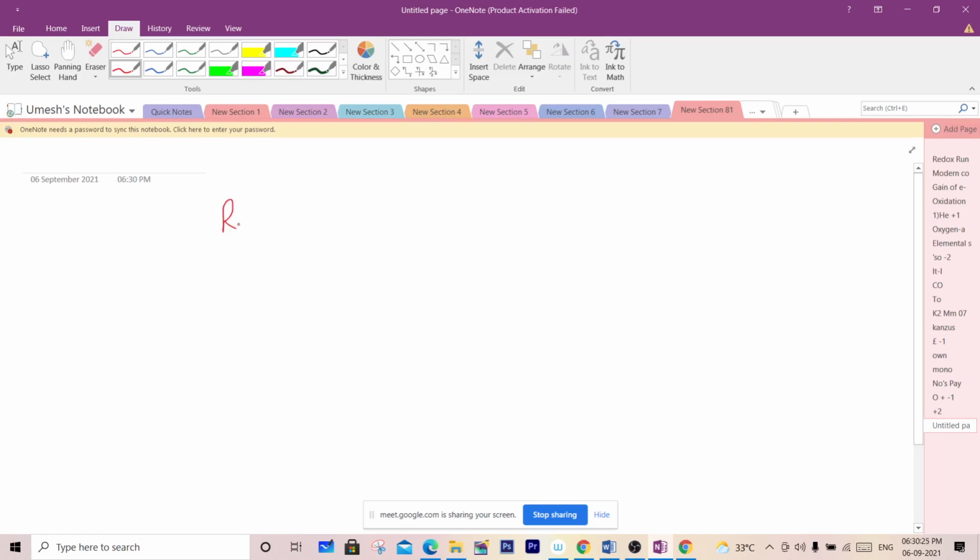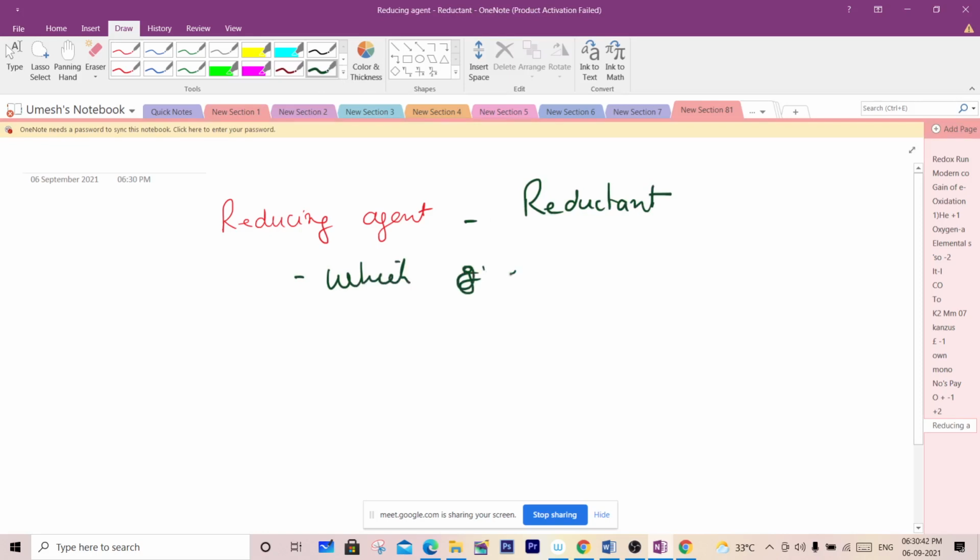So the reducing agent is also called a reductant, which gives electrons, whose oxidation number increases, right? And the oxidizing agent is the reverse of it.